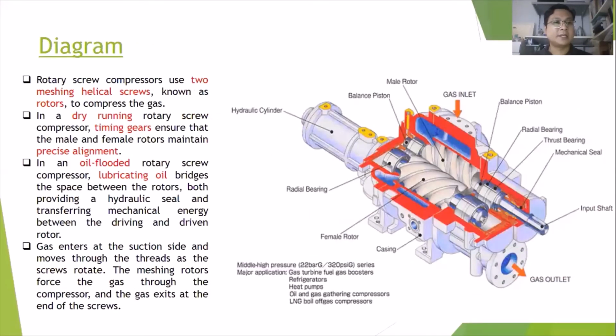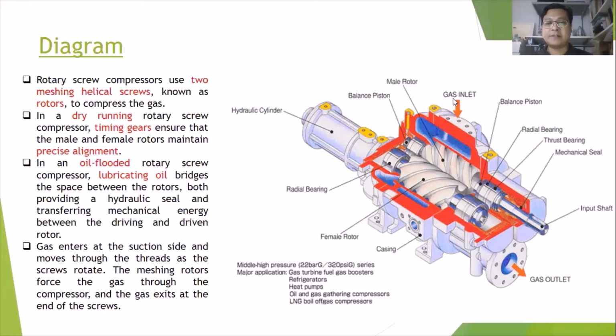So here you can see the structure of the screw compressor. Maybe we can see the gas inlet here with the orange arrow, and then we get the outlet here.